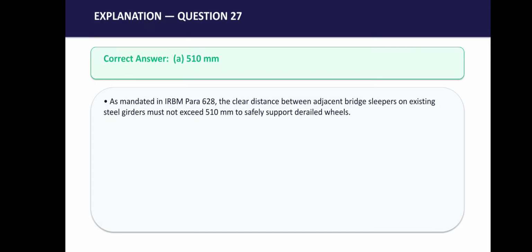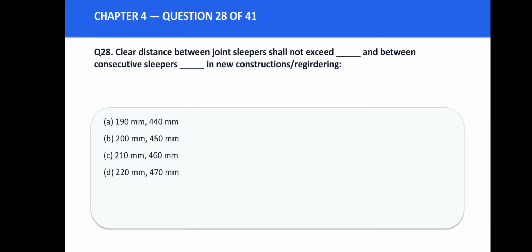Question 28. Clear distance between joint sleepers shall not exceed what value? And between consecutive sleepers what value in new constructions? Option A, 190 millimeters and 440 millimeters. Option B, 200 millimeters and 450 millimeters. Option C, 210 millimeters and 460 millimeters.